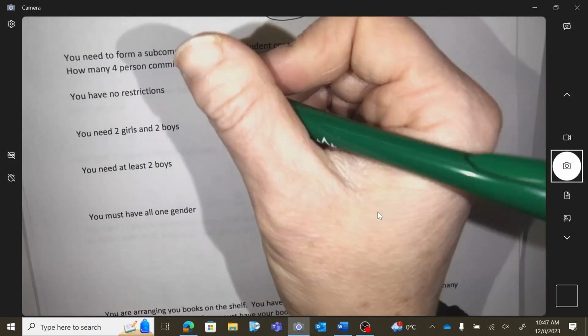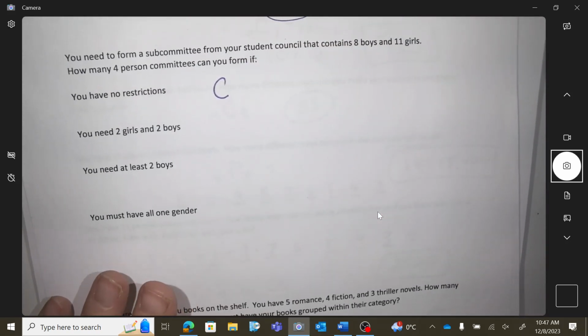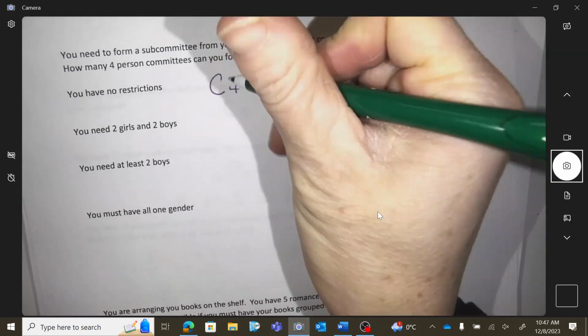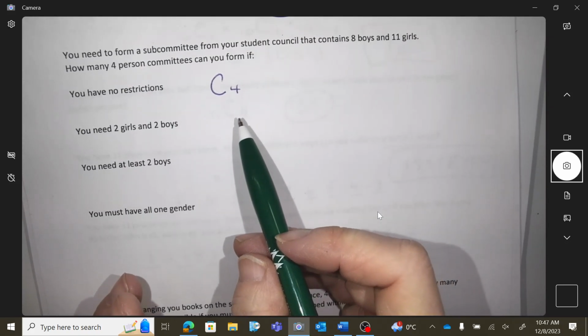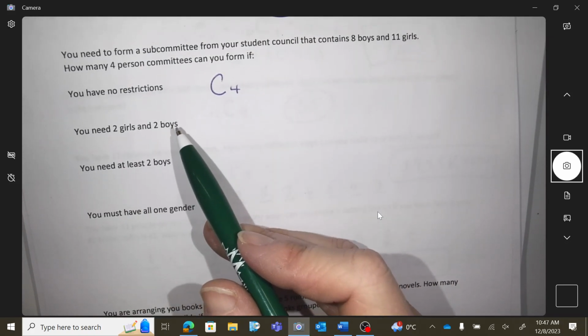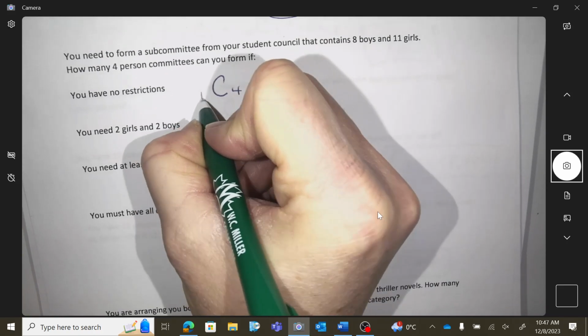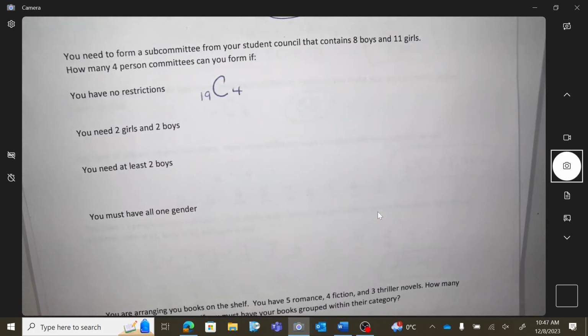I'm doing a combo because my order doesn't matter. I don't care about selecting Jana and then Jaden or Jaden and Jana. That doesn't matter to me. Okay? And you're going to choose 4 people from anybody. So what do you put up front? 19. Because it doesn't matter. Just you pick anybody.